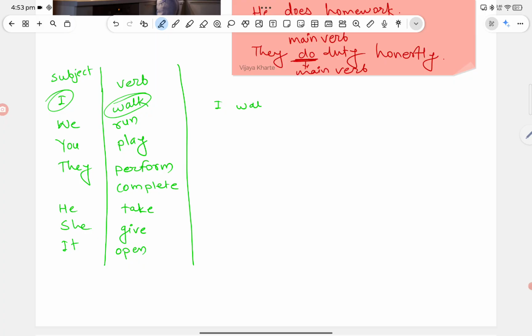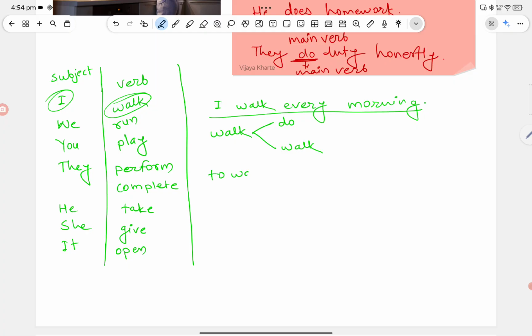I walk every morning. This is the routine. Now here walk is the base form of the verb. Do is the helping verb and walk is the main verb, and it is the base form of the verb.